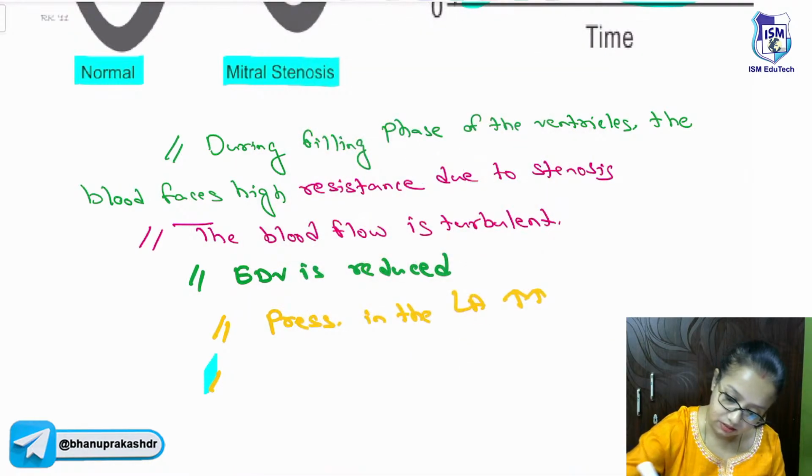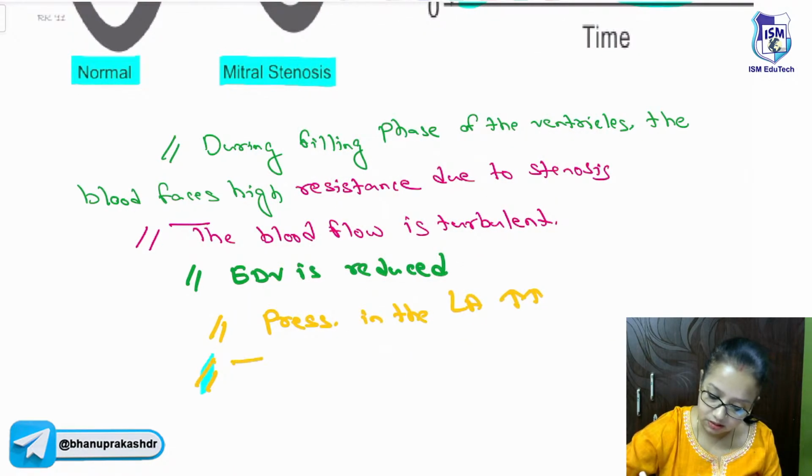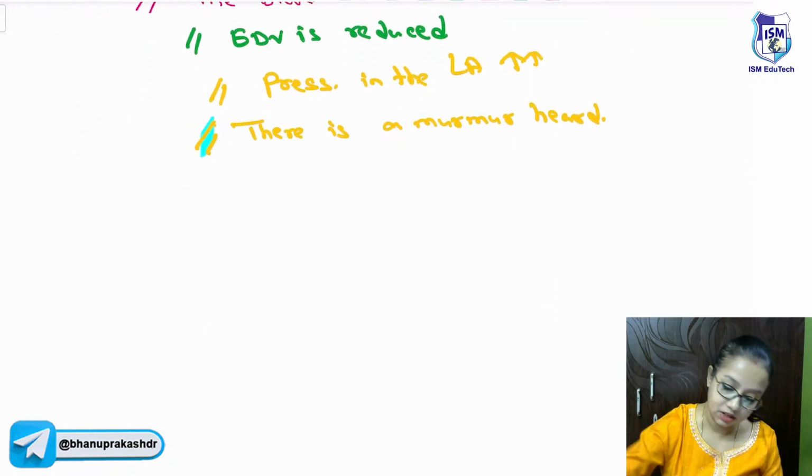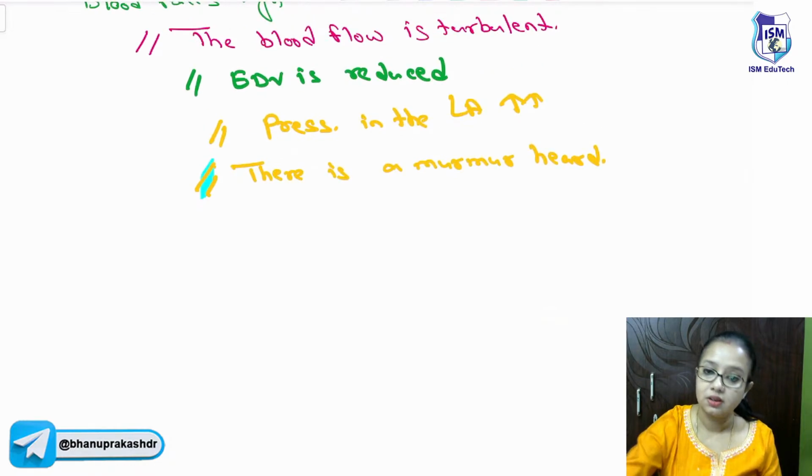And there is a murmur heard during the contraction of the ventricle. So we do get a murmur in a patient who is suffering from mitral valve stenosis.